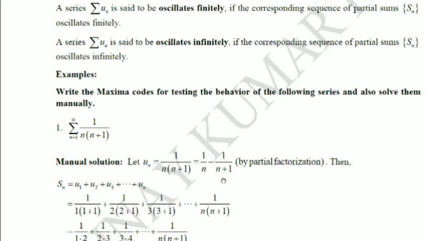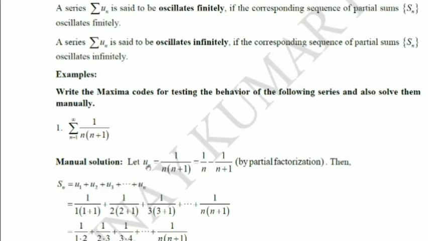Now we know that if we want to test the behavior of a series, we need to see the behavior of the sequence of partial sums. So let us find the nth term of that partial sum sequence. So what is your Sn? Yes, it is the sum of the first n terms, U1, U2, etc. up to Un.